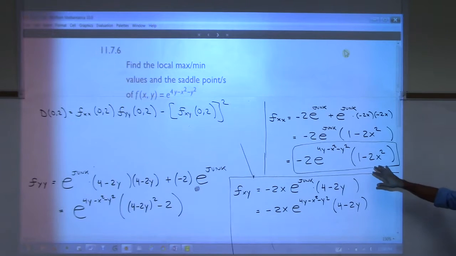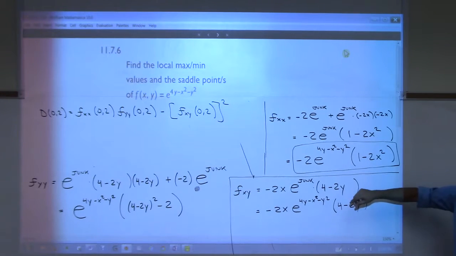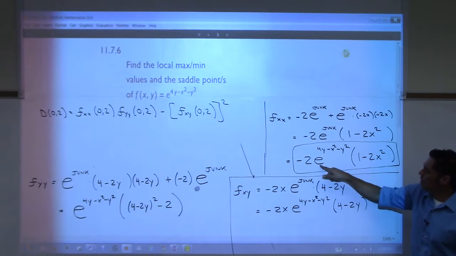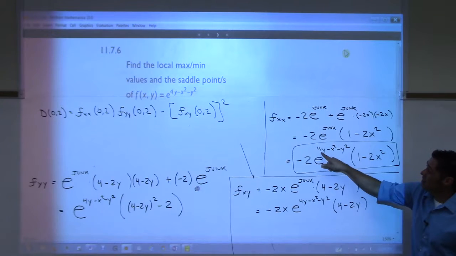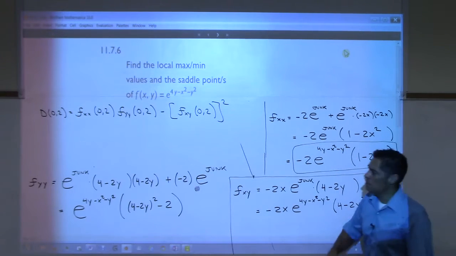So if I plug into fxx, 0 for x, that's gone. I just get a 1 there. That's good. And then negative 2 e to the 8, gone, minus 4. 8 minus 4 is 4. So I should get negative 2 e to the 4th.